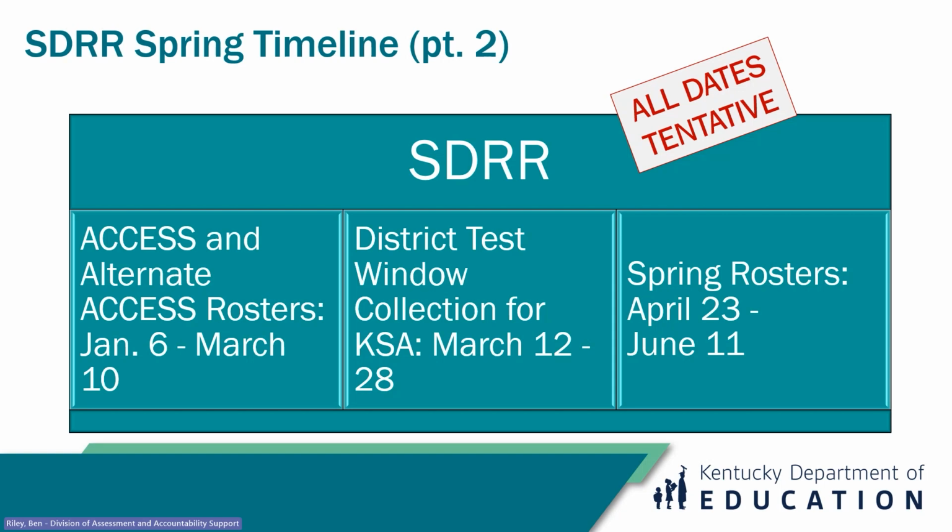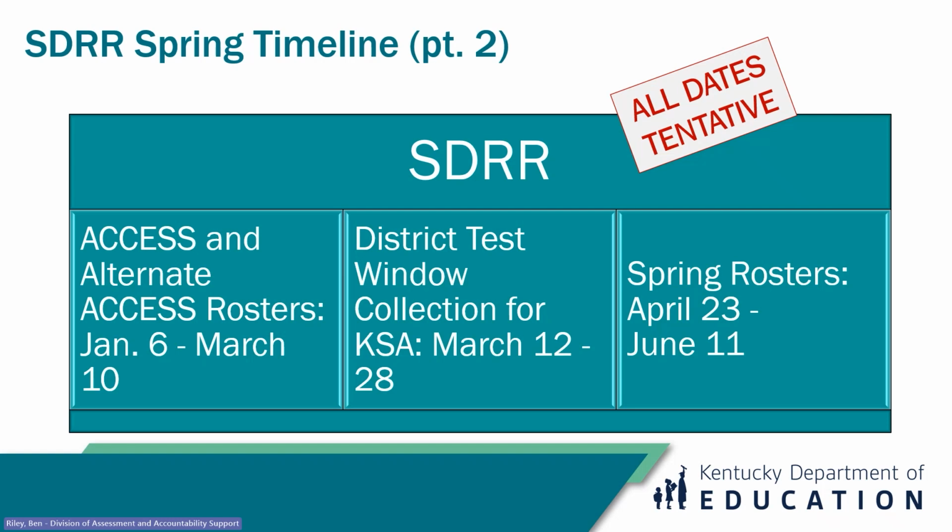When we look above the timeline, we see district test window collection box running from March 12th to March 28th. It's time to tell us when your last 14 instructional days will be. Remember, we check this against Infinite Campus, so get into IC and make certain that it's up to date. Notice that our spring rosters don't appear on our timeline until April.